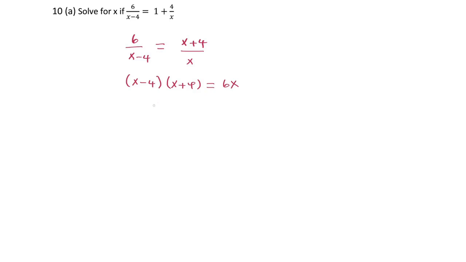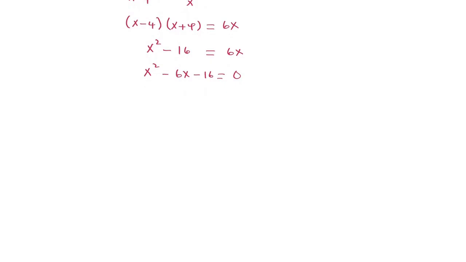We are going to have x squared minus 16 equals 6x. Next let us rearrange this equation in a quadratic format. Our equation is going to be x squared minus 6x minus 16 equals 0.